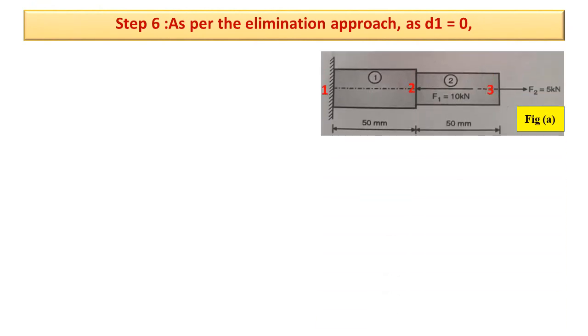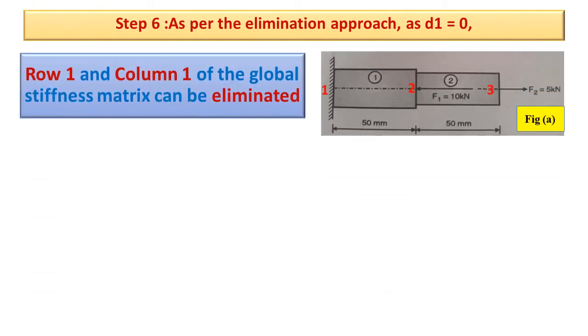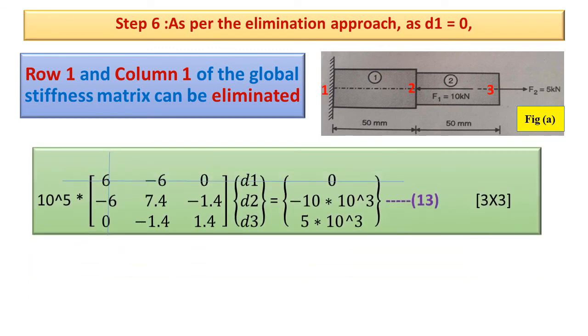Step number 6 is the elimination approach. How to apply the elimination approach? We eliminate that row and column of the global stiffness matrix where displacement is equal to 0. From the diagram we can observe that a fixed support is applied at node 1. So as node 1 is fixed, displacement will be 0 at node 1, meaning D1 is equal to 0. So we will eliminate the first row and first column.